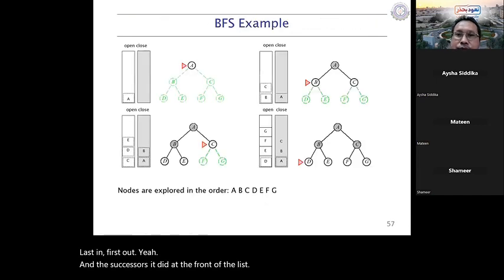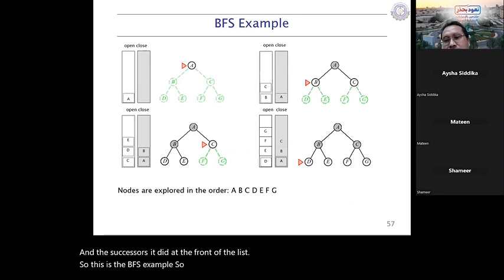So this is the BFS example. It means we go to the shallowest first.